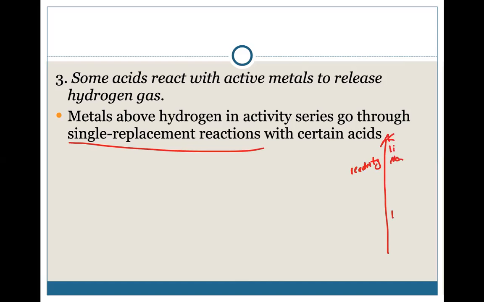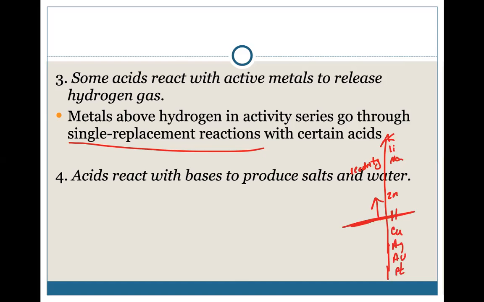Whatever. And then down here, you've got hydrogen. I think zinc is up here somewhere. And you've got like copper, gold, silver, and platinum. So anything above hydrogen can go through a single replacement reaction with acids and release hydrogen gas.